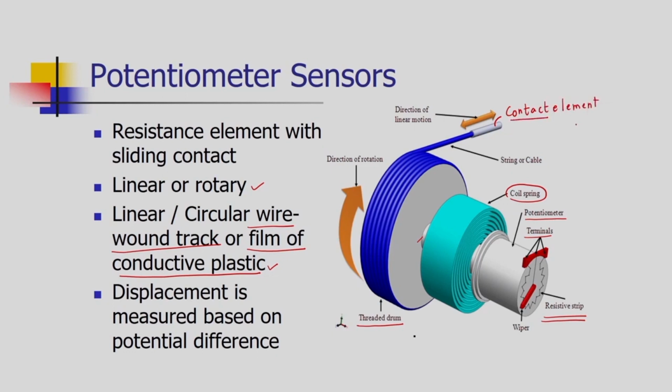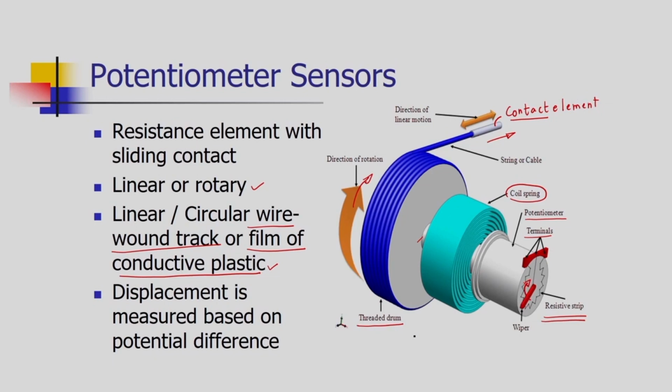This element is in contact with the application of which we need to measure the displacement. Consider there is a pull in this contact element. As there is a pulling moment, the drum rotates in the clockwise direction, and as the drum rotates clockwise, the wiper also rotates clockwise.